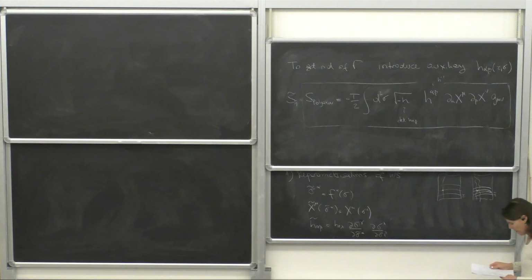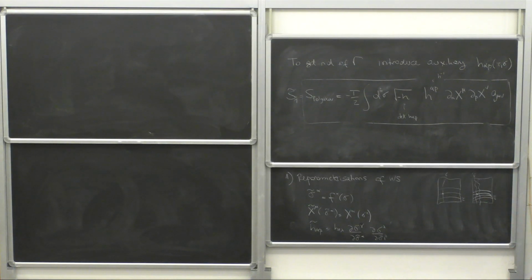So it transforms as it should. So these are reparametrizations, and it's not hard to show because everything is covariant. The worldsheet is this two-dimensional theory, and these are diffeomorphisms on the worldsheet.